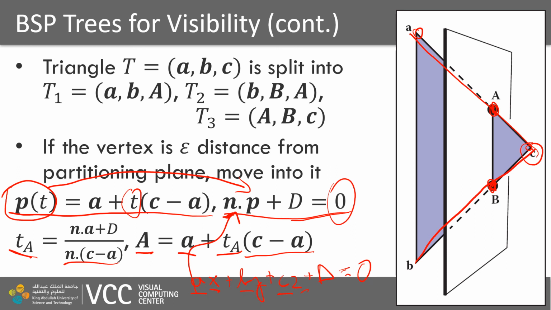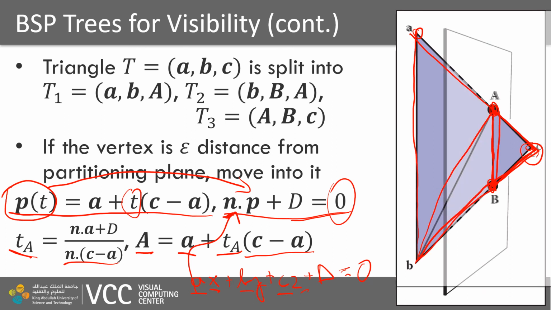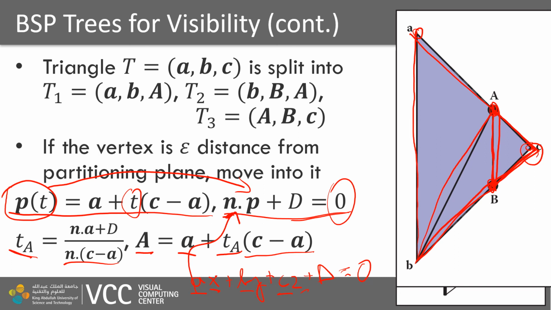These intersection points we then use for our subdivision. So we would like to have one triangle, which will be the capital A, capital B, C, and the other triangles will be then A, B, capital A, and B, capital B, A. And we can see that this is indeed the case as shown here.